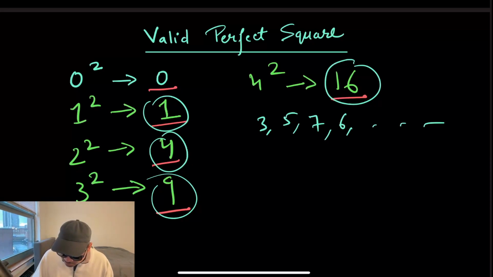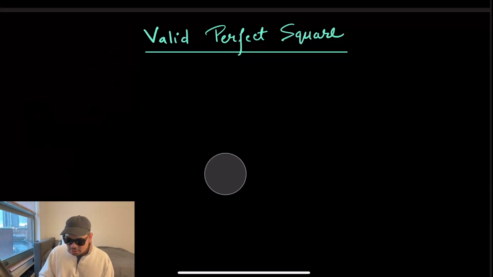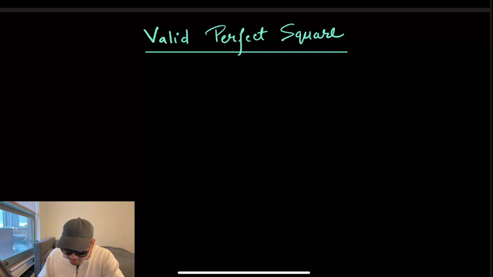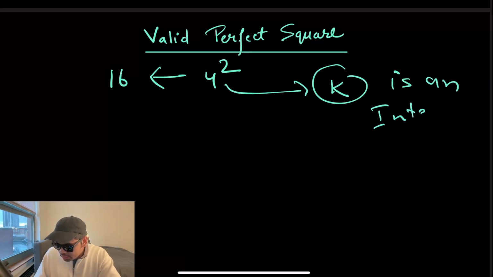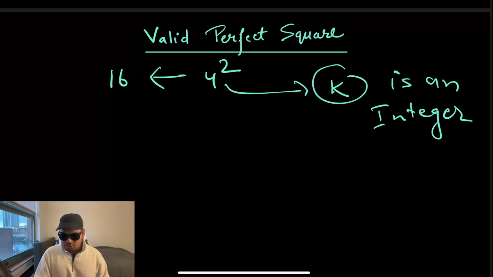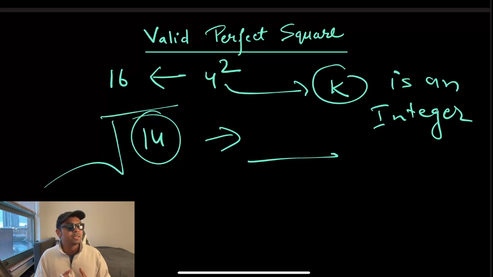In our very first example, we were given 16, which is a valid perfect square, because 16 is equal to 4 to the power 2, where 4, our k, is an integer. The second example was 14. If you take the square root of 14, you can't get a valid integer. So that means it is not a perfect square, and we just return false.